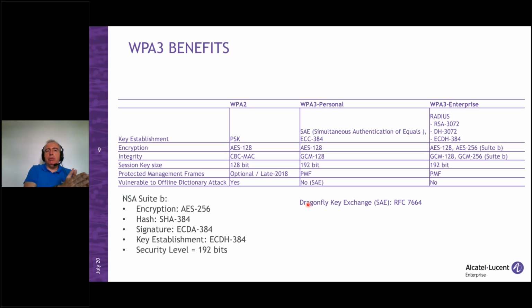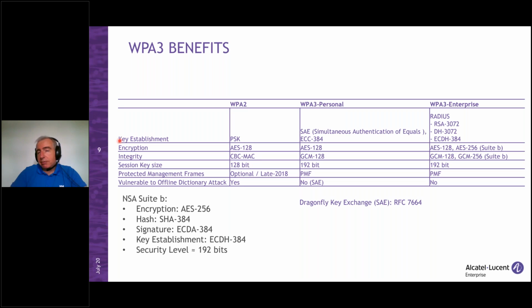Okay, now we have a review, which is the status of the recommendations. We have some overview about cryptology, and now let's see which are really the WPA3 benefits here. There are more benefits if we combine 802.11ax and AC versus WPA2, but this is, I think, the most relevant.